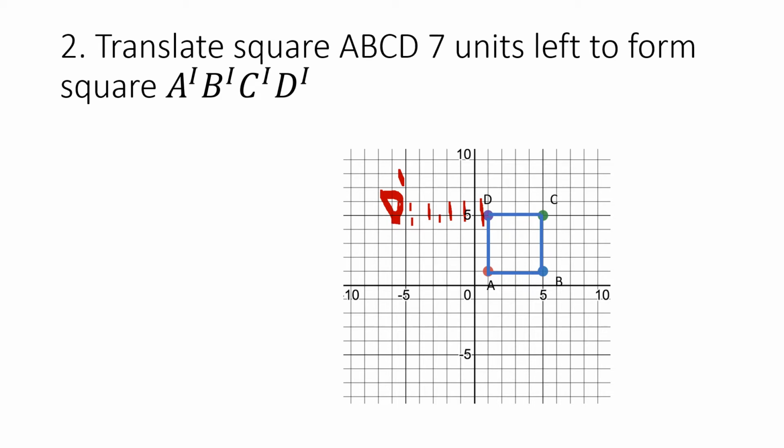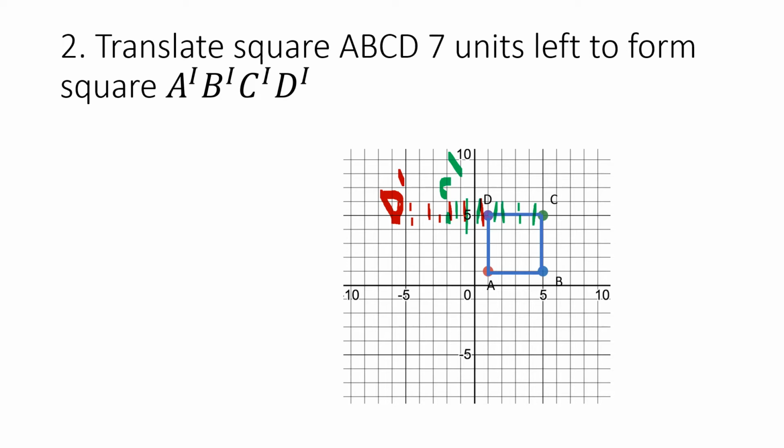Now we move C 7 units to the left. 1, 2, 3, 4, 5, 6, 7. Our C prime is right here, this dot right here. Now we move A 7 units to the left.